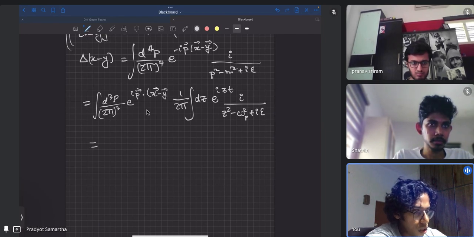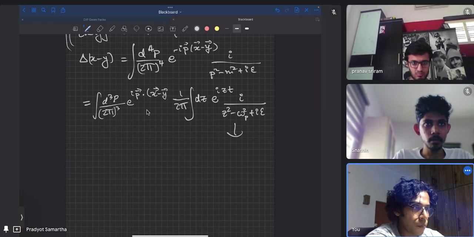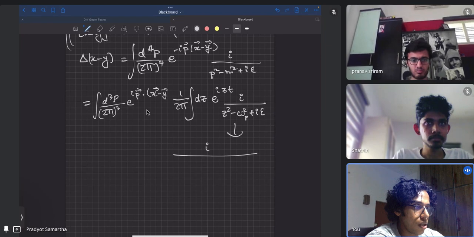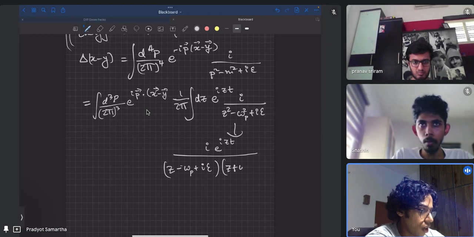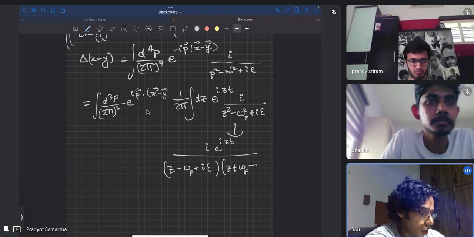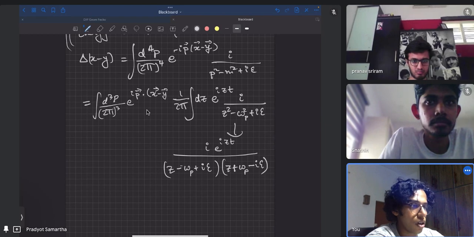What we do here is we note that this whole thing reduces to i e to the power of i z t by (z minus omega p plus i epsilon)(z plus omega p minus i epsilon), right?